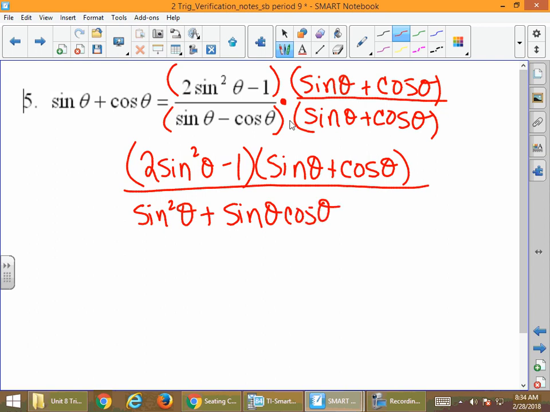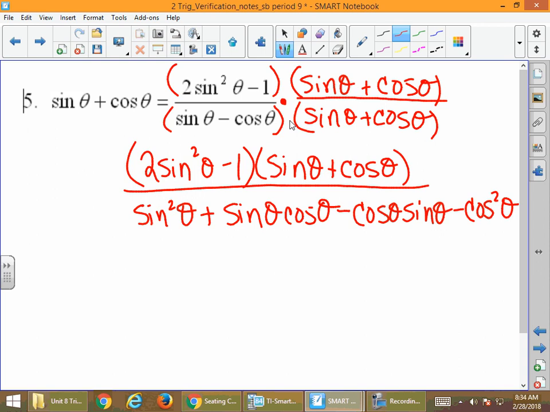Negative cosine times sine theta is negative cosine theta sine theta. And negative cosine theta times positive cosine theta is negative cosine squared theta. First, outer, inner, last. There we go.